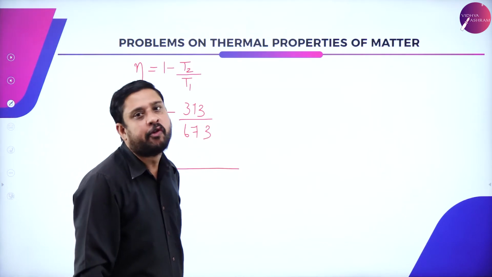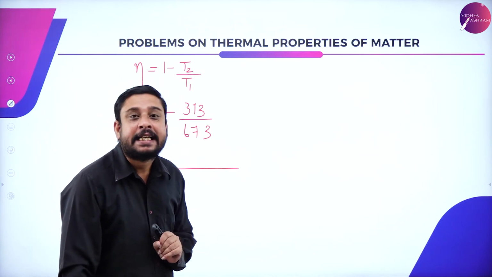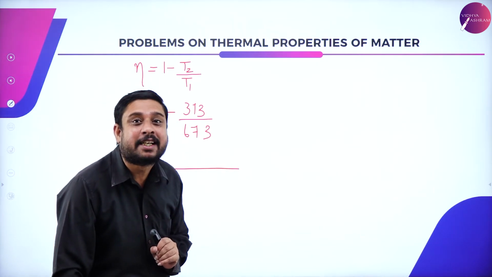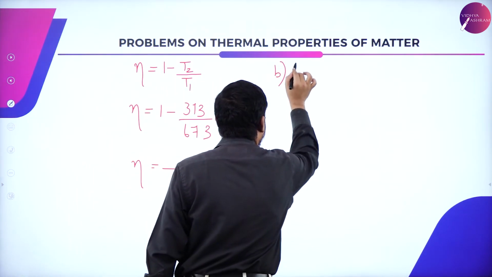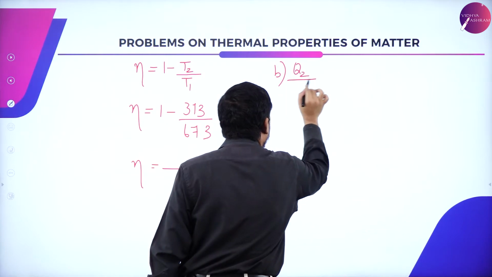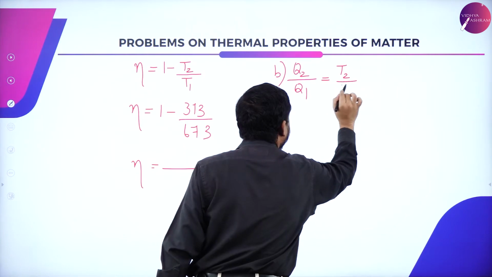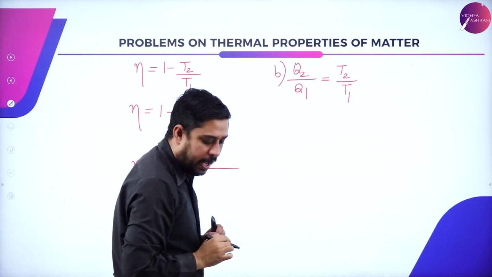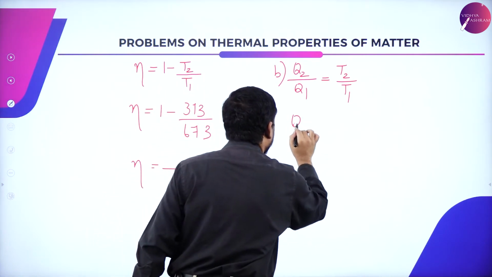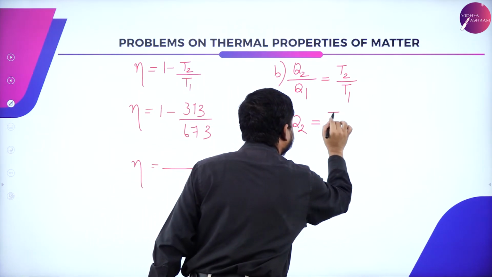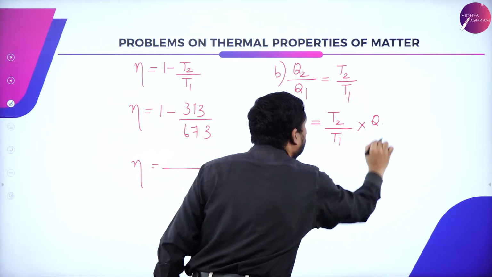Now I have to find the amount of heat rejected to the sink Q2. Always remember Q2 by Q1 is T2 by T1, or Q2 is T2 by T1 into Q1.